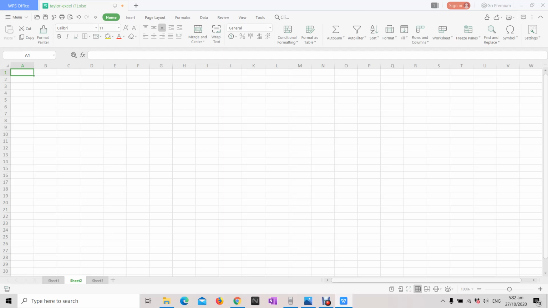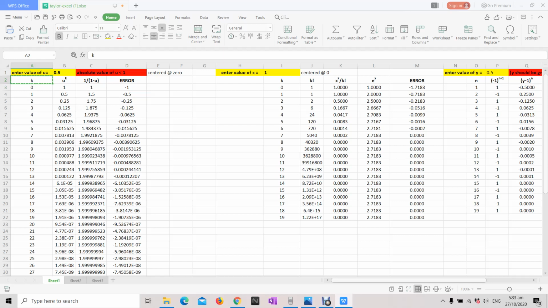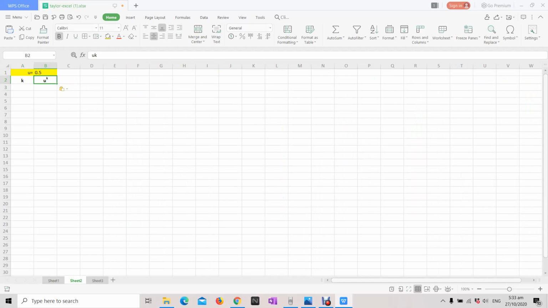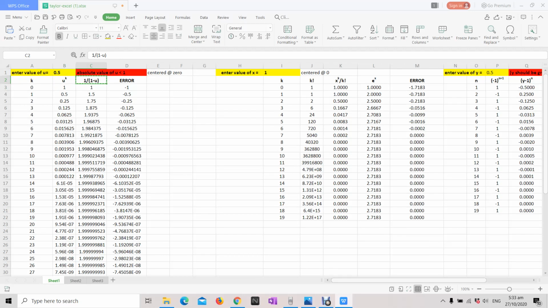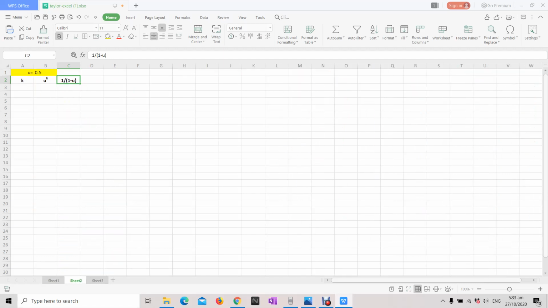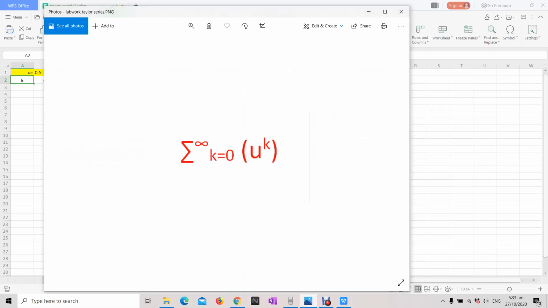First, I will enter the value of u, which is equal to 0.5, just for an example. And now I will just copy the labels above the table. Now we can see in our Taylor series that k should always start at 0.